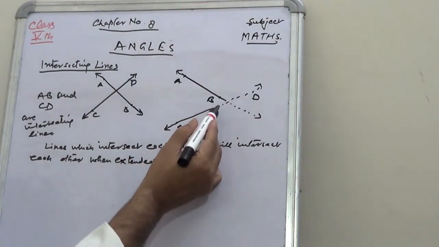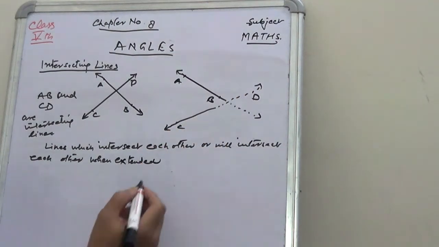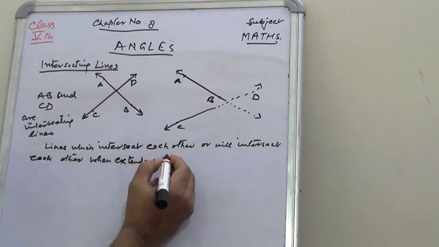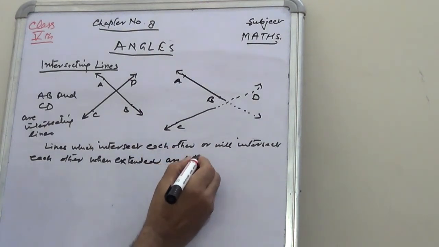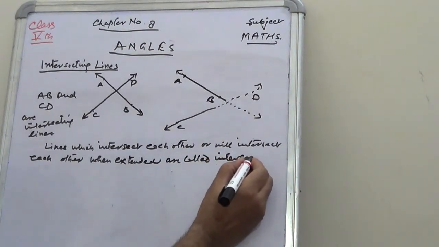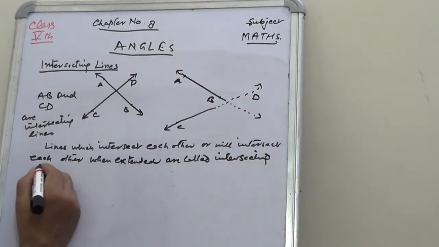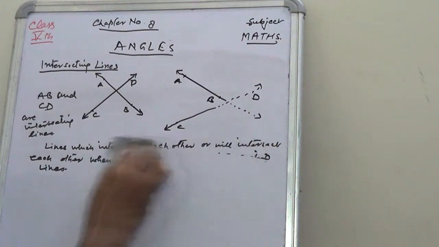These will intersect each other if you extend them, or when extended are called intersecting lines. Children, these are intersecting lines. Now we go for parallel lines.